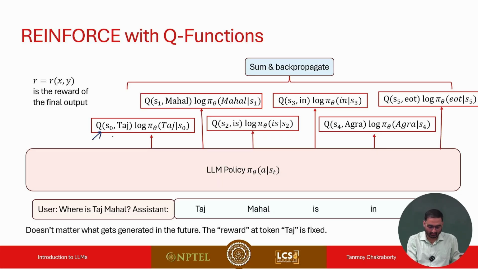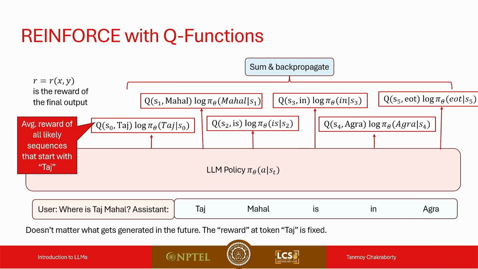Instead of using R, I use the Q function, which is a function of the state and the current action. What is the action? The action is the token that you generate. So here you use this Q function. In this case, the state is S1 and the token that you generated is Mahal. Here the state is S2 and the token you generate is the next one, and so on and so forth.